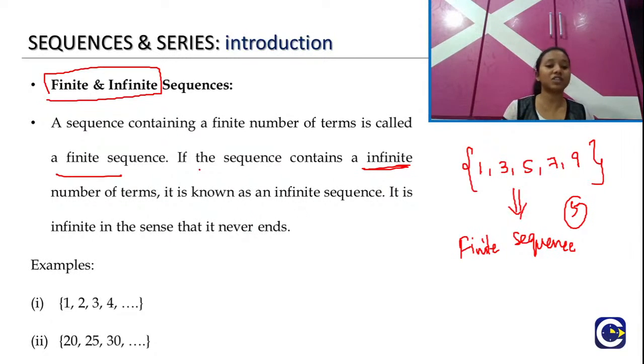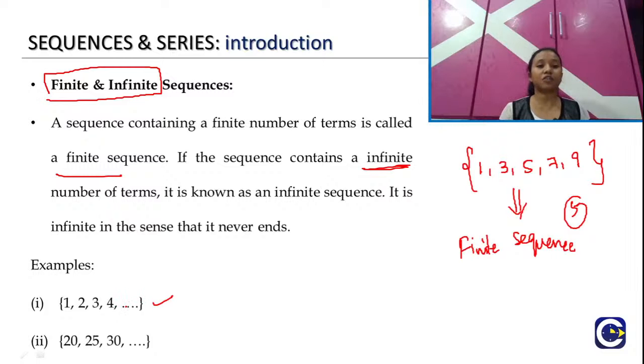Right. So let's have an example here. You can see the first example: 1, 2, 3, 4 and so on. Can you count and tell me how many terms are present in this particular example? You can count 1, 2, 3, 4 and the rest? You cannot. So you'll say infinite. Right.